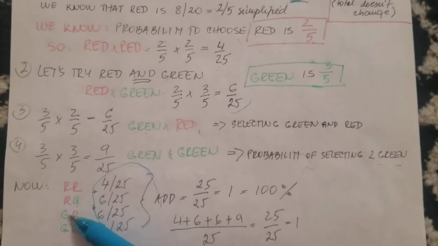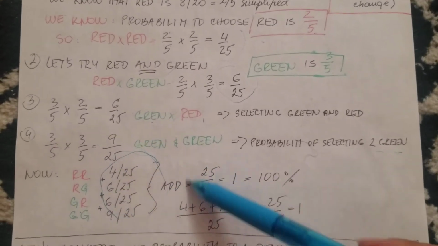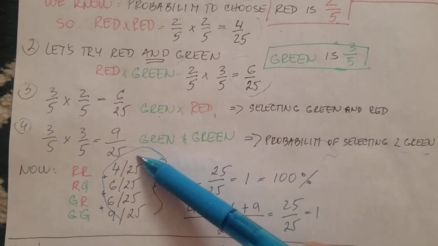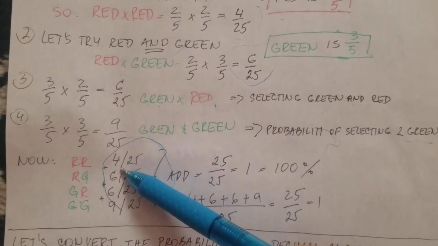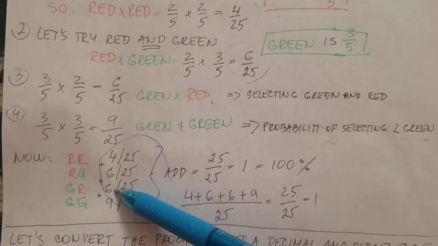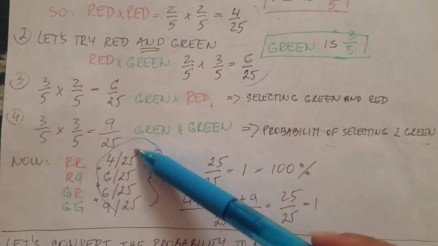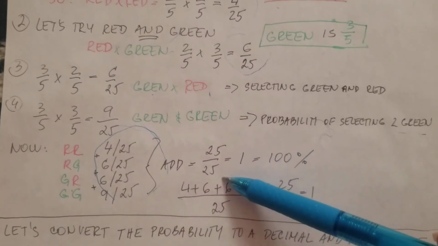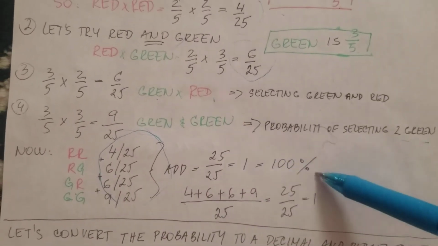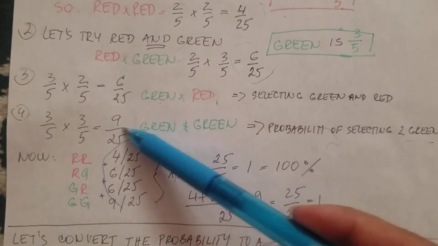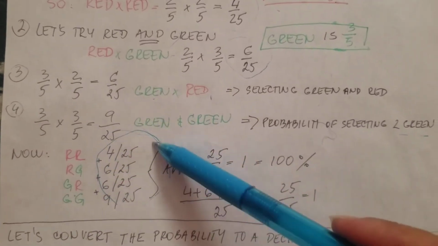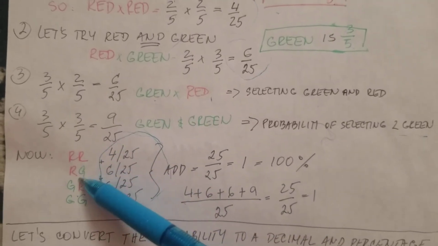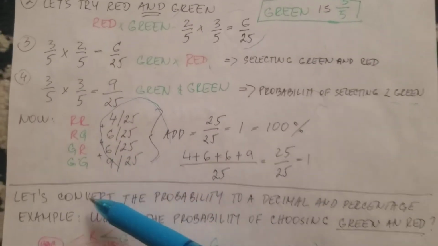Now, let's keep in mind that all these probabilities add up to 1, because 4 plus 6 plus 6 plus 9 over 25 is 25 over 25, which equals 1, or 100%. These are all the possibilities you can choose: red-red, red-green, green-red, or green-green.